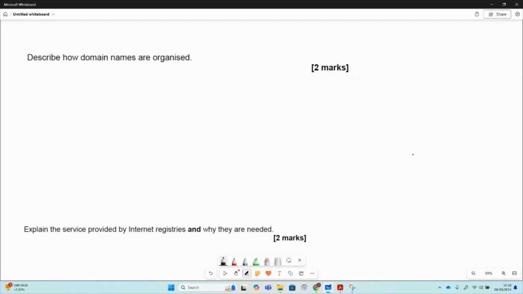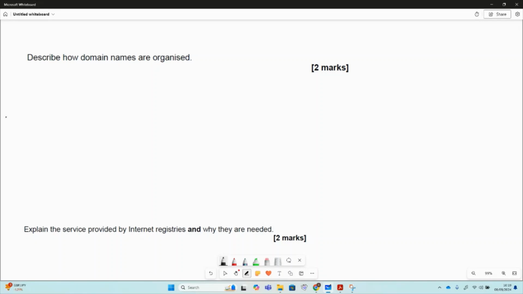Our next question was to describe how domain names are organized. Well, domain names are organized into top level and second level domains. And it's a hierarchical organization.